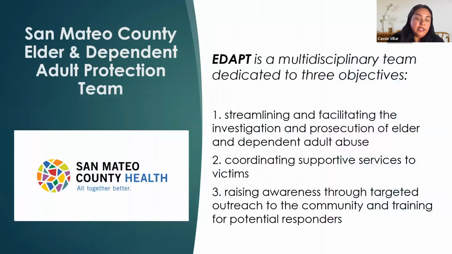Well, we actually created a task force in 2016, and this is all funded through Measure K fundings. We now have 3 social workers who are also deputy public guardians. We have 2 district attorney detectives.